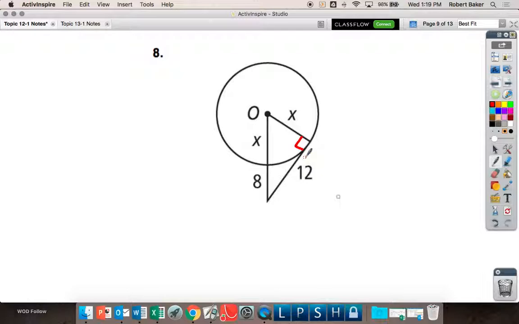Now we have to math through to find r, the radius of the circle. What is the process that we're going to use? Pythagorean Theorem. A squared plus b squared equals c squared.